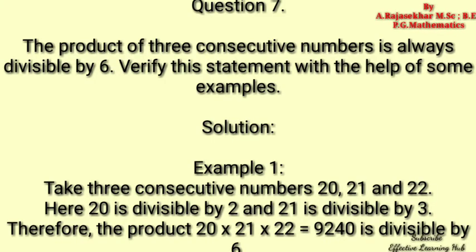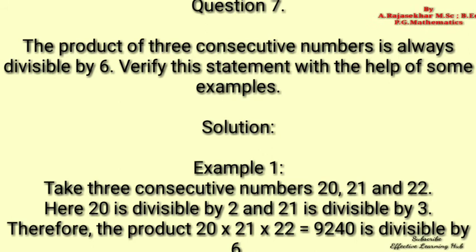We see that the difference of two consecutive prime factors is 6. Question 7. The product of three consecutive numbers is always divisible by 6. Verify this statement with the help of some examples. First example, take three consecutive numbers 20, 21 and 22. Here 20 is divisible by 2 and 21 is divisible by 3.